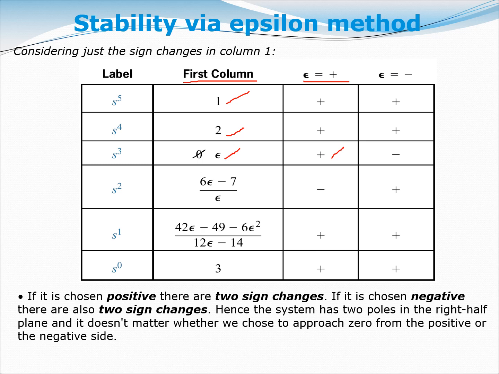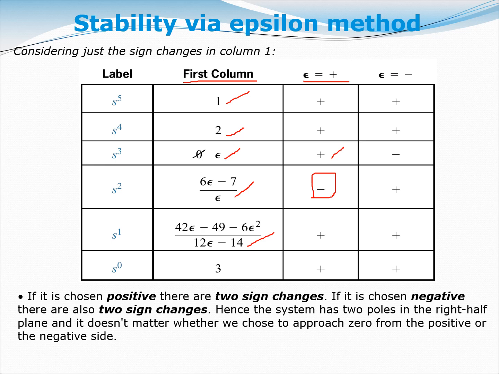Next, how about this one? 6 times positive 1 is positive 6, minus 7 divided by positive 1, so you will get a negative value. Then the same goes for this equation. You just substitute the positive 1 for epsilon.